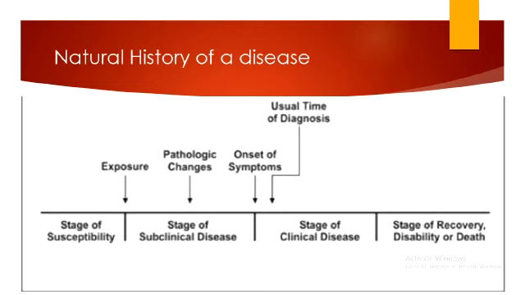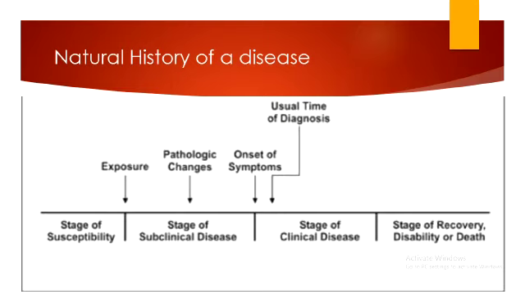For example, in case of corona, there is the onset of cough and other symptoms, and after a couple of days, the diagnosis is developed, and after the diagnosis, the disease takes its course of clinical stage.